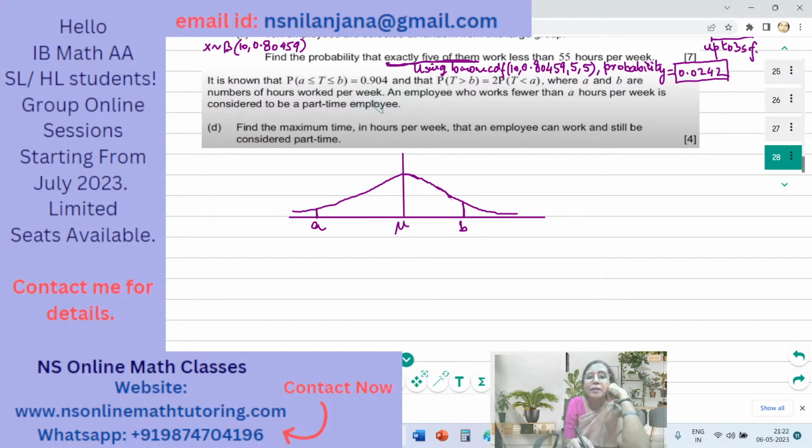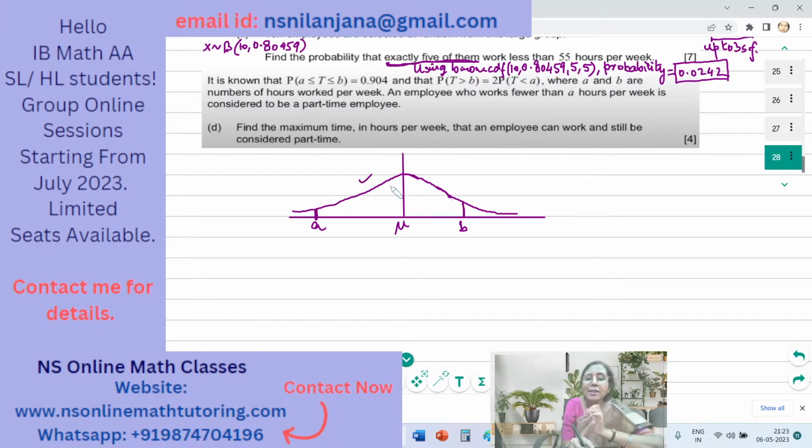It is 0.904. The total probability is 1. The area under the curve, the total area under the curve, is 1. That is because it represents the total probability.